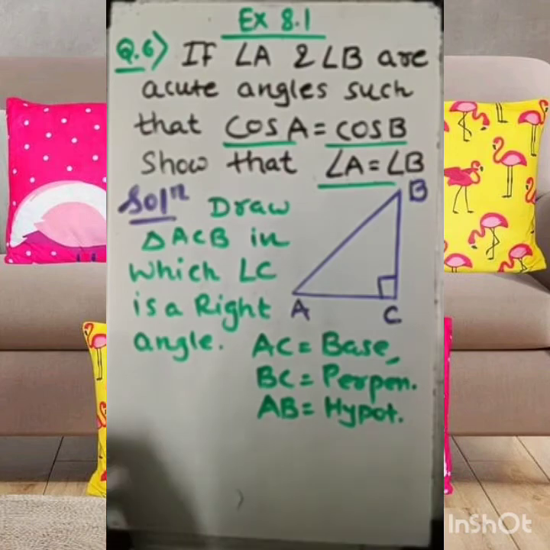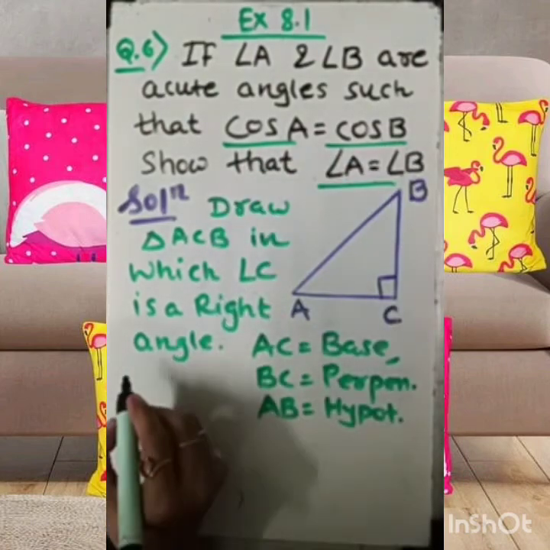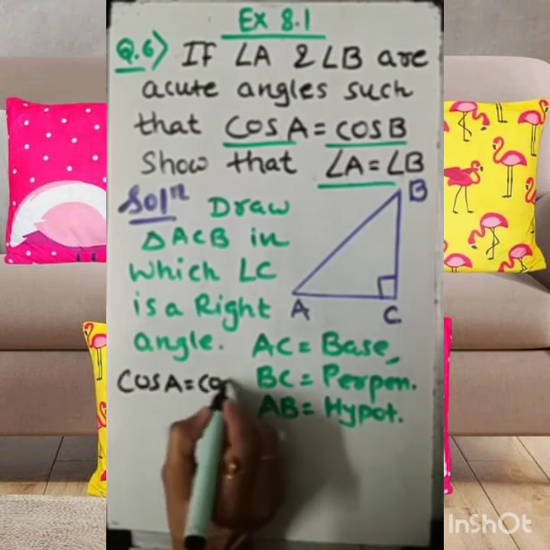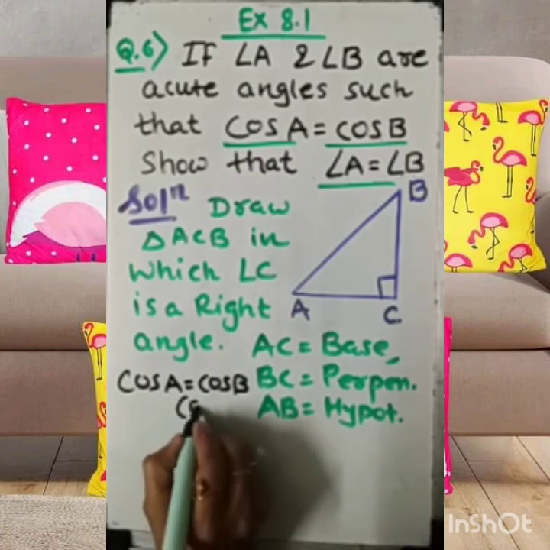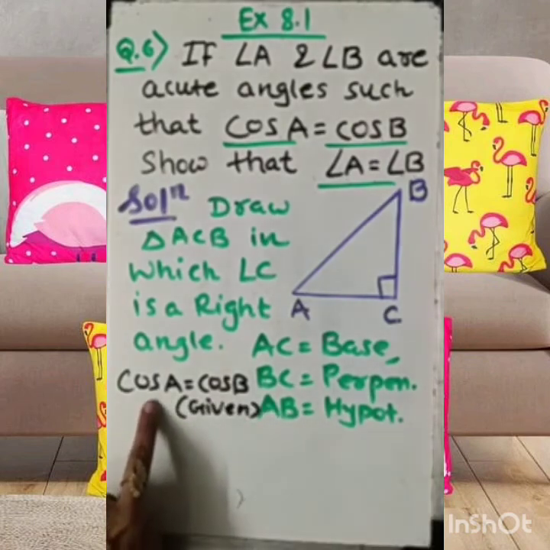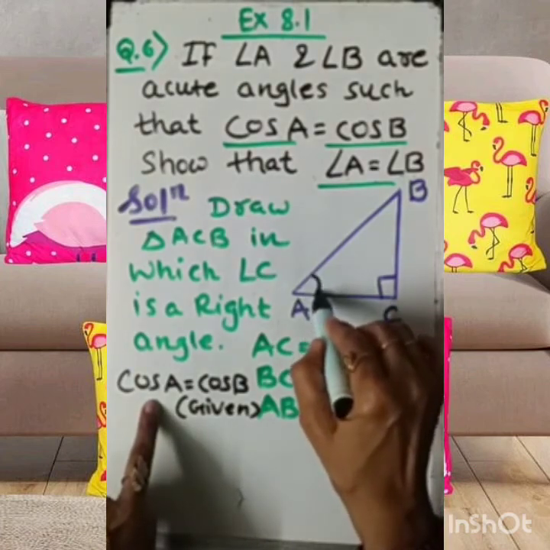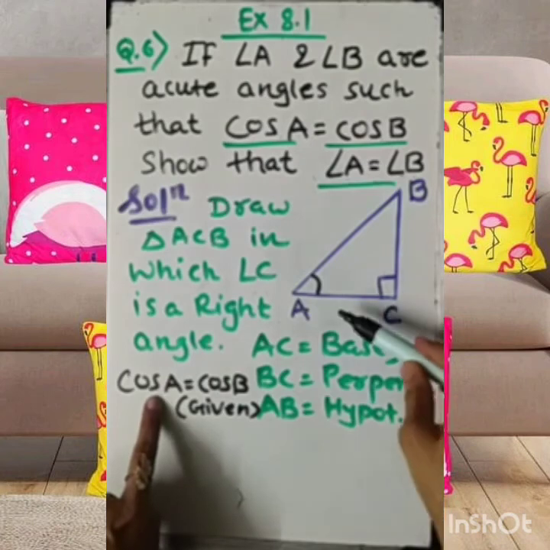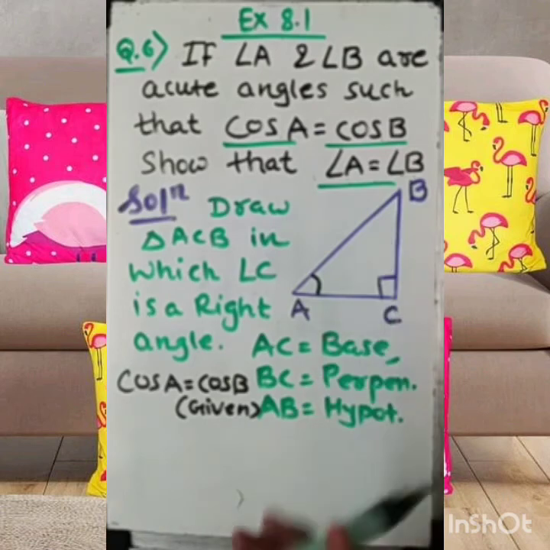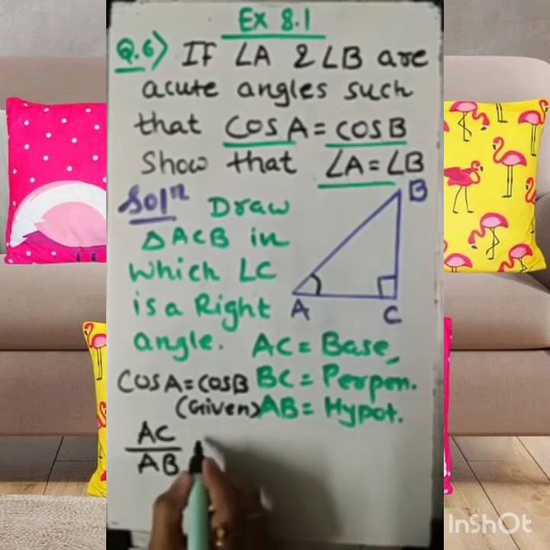Now, if we are beginning our sum here, what we are given is cos A equal to cos B. Agree? This we are already given. Now, you know very well, if I am considering A as an angle, then cos indicates base upon hypotenuse. So it should be AC upon AB according to this figure.